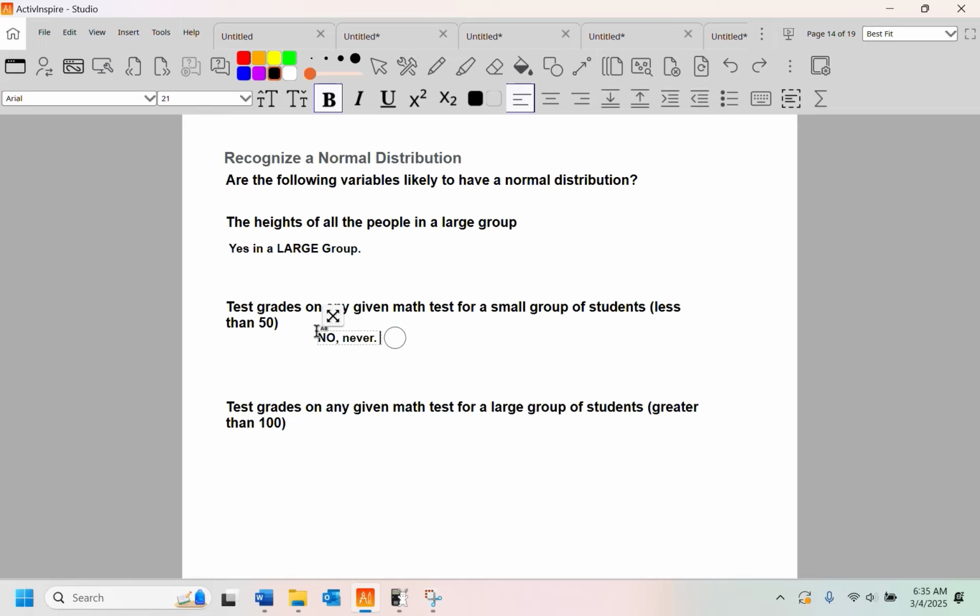Tests are usually skewed right. They usually are. Test grades on any math test for a large group of students. Still no, never. It's math. No, never. I wish we could, but it's not the way it is in mathematics.